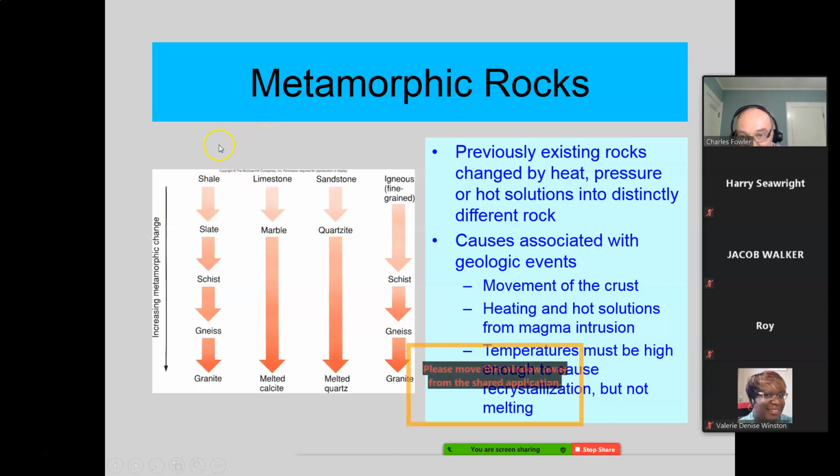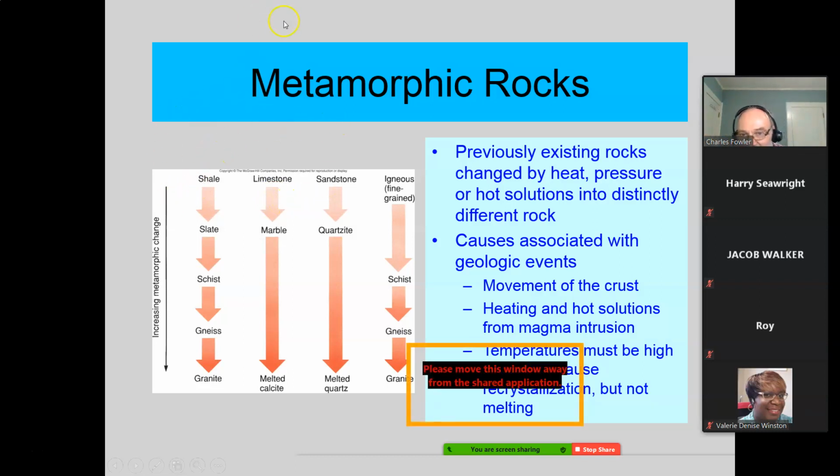Shale basically comes in layers, making very finely foliated slate. More pressure crunches some of those together, and you get finely foliated schist. But then over time, more pressure, more heat warps it some, and you get coarsely foliated gneiss. And then granite, of course, is not foliated because it goes back to igneous. Limestone, not at all two-dimensional to begin with, so marble, non-foliated.